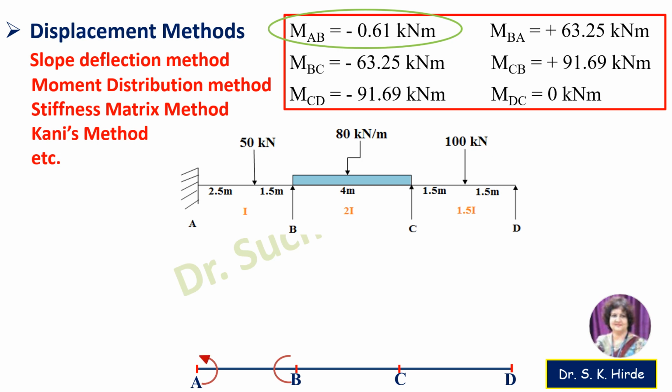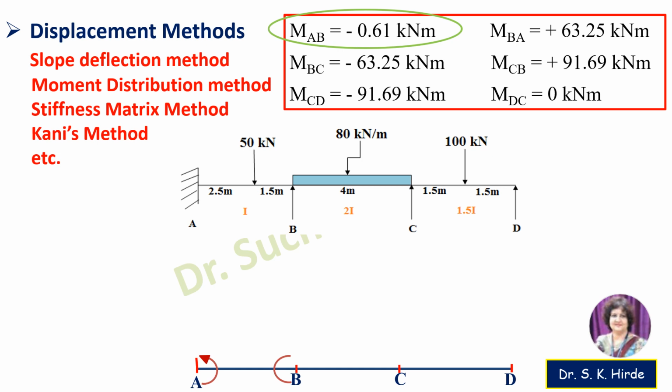The arc will rotate about A in anti-clockwise direction. Why have we drawn the arrow like this? Because our value of MAB is negative, so we are rotating it in anti-clockwise direction. Now you have to see where this arrow is. This arrow is above the line. If the arrow is above the line, you have to draw the ordinate above the line, like this.